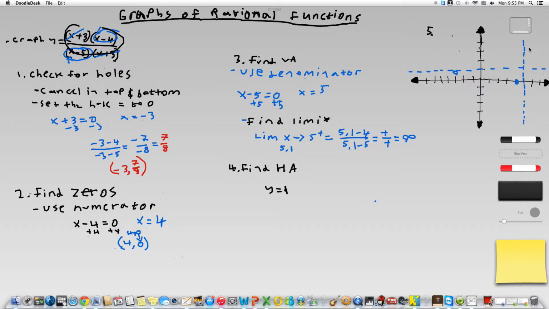And then we're gonna graph the curve over here, because our limit came out to be positive infinity. So at the top, we're gonna have a curve, and we'll graph over here.